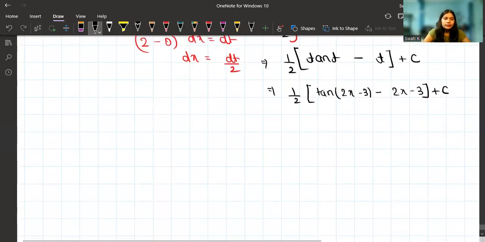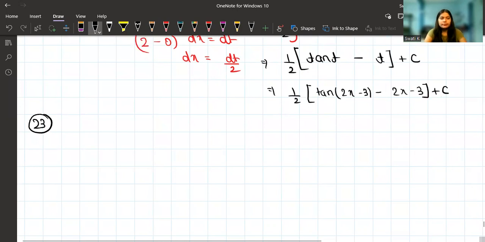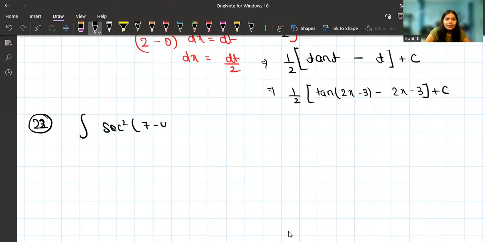That is the 22nd question. Yeah, 22nd question. So in the 22nd question, you have to integrate sec squared 7 minus 4x. Here you don't need to convert because we already know the formula for sec square x.